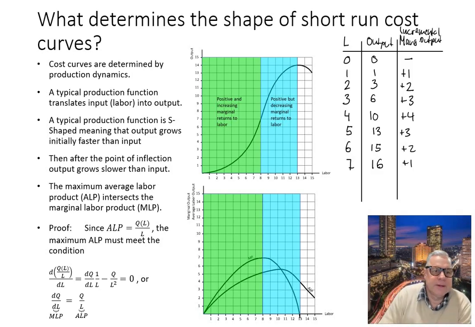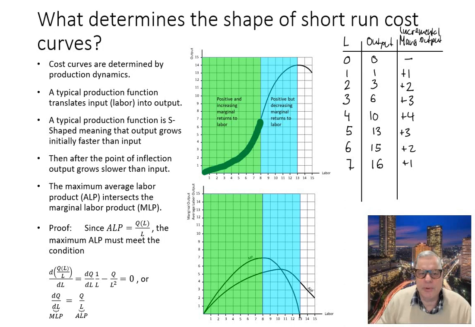So if we look at production, initially, if you take a look, this slope increases at a faster and faster rate.